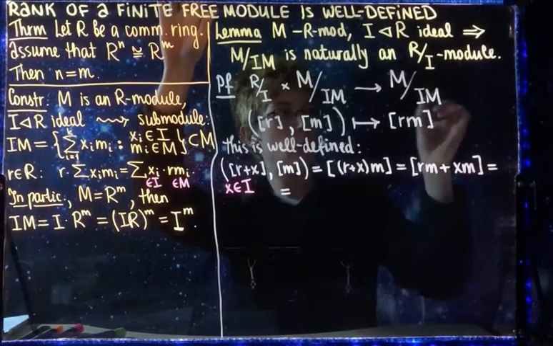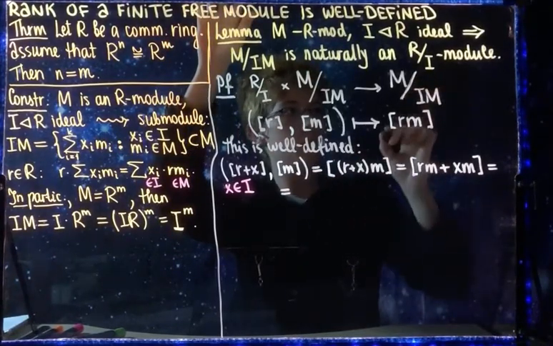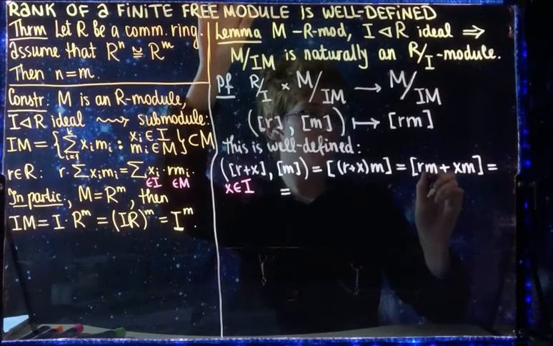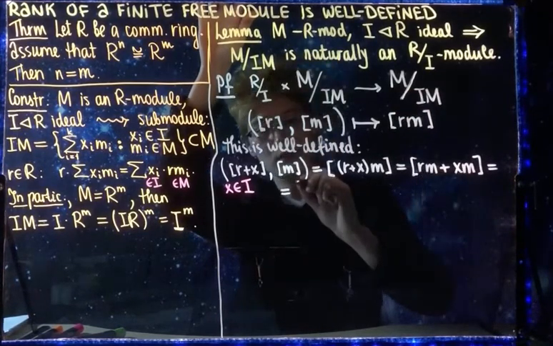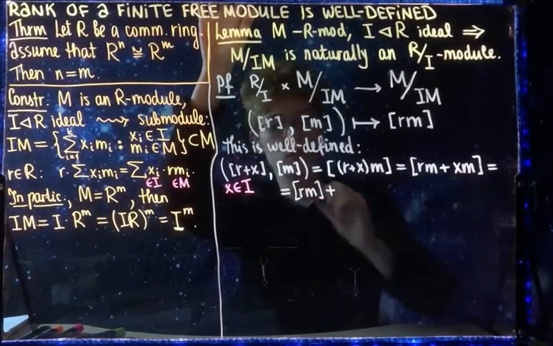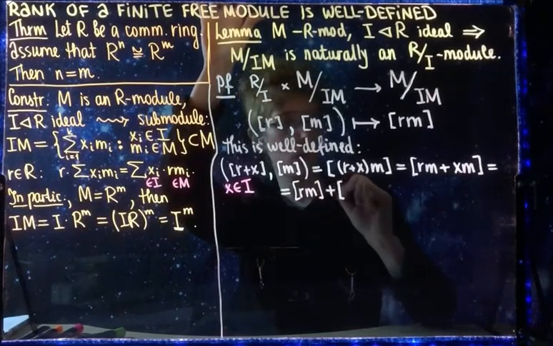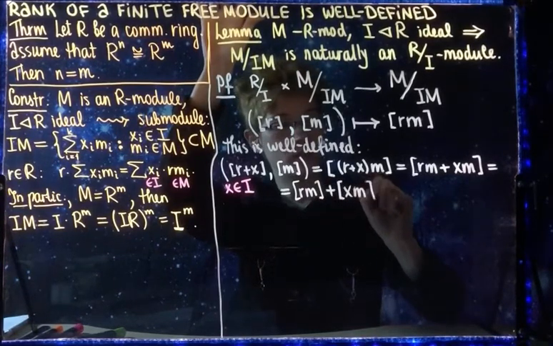And because quotient modules are well defined, by their definition of addition, I get that this element is equal to the class represented by rm plus the class represented by xm.